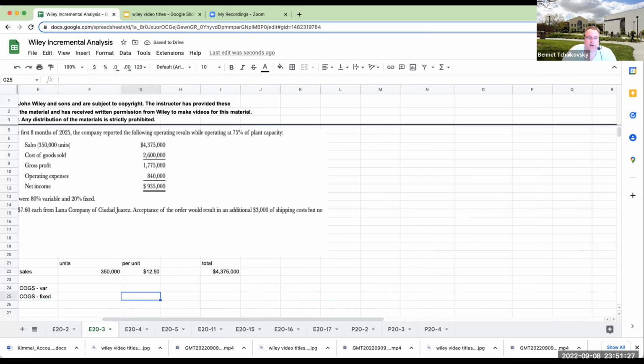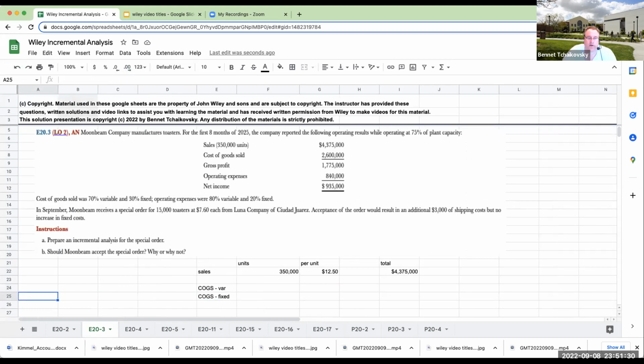The variable amount of cost of goods sold was 70% of 2.6 million. This is important because if it's variable, it varies with production. So my rate per unit on the cost of goods sold is roughly $5.20 per unit. This other part is fixed.